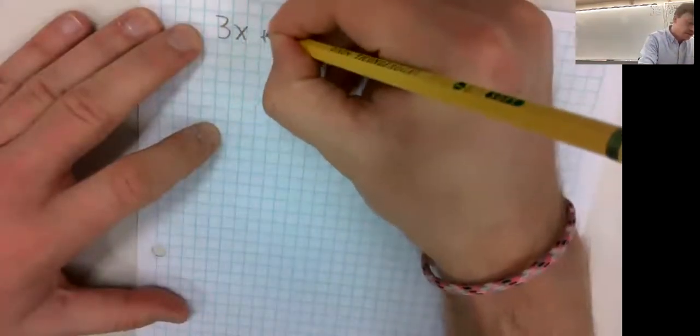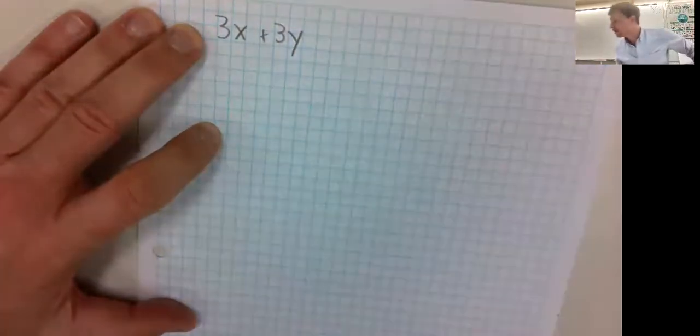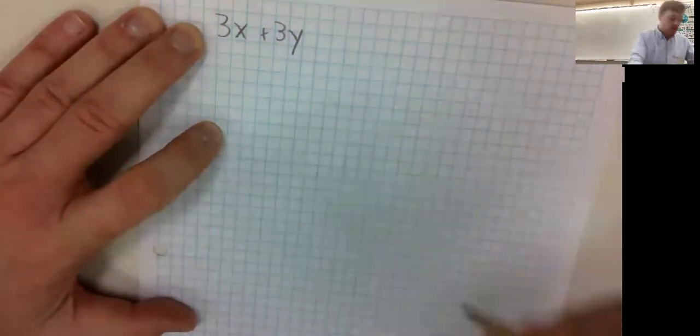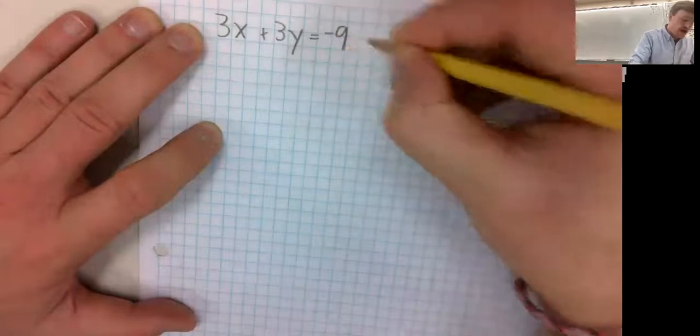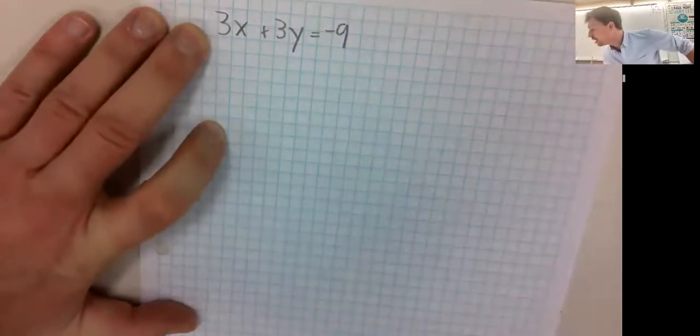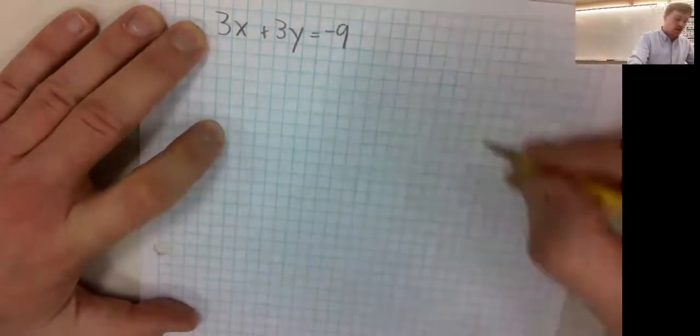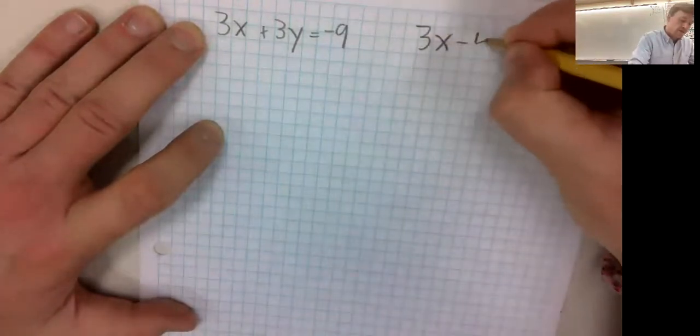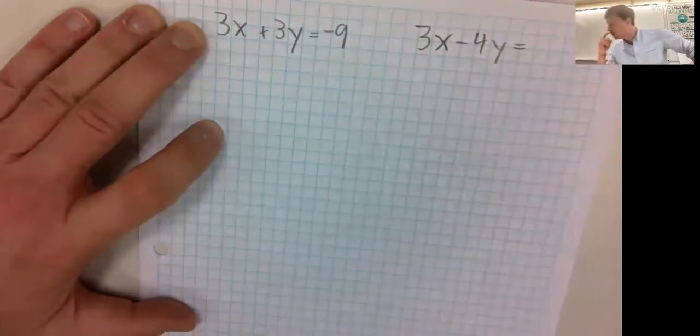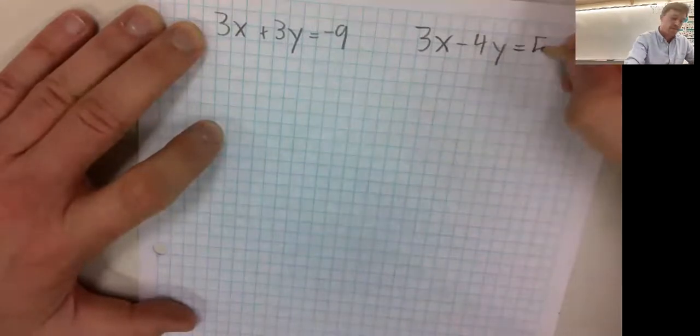Let's say 3x plus 3y equals -9. And 3x minus 4y equals 5.